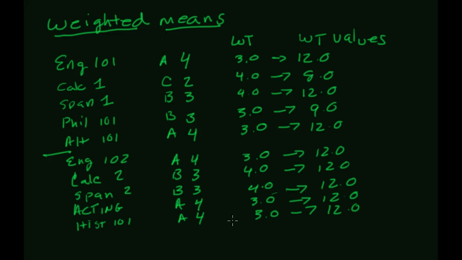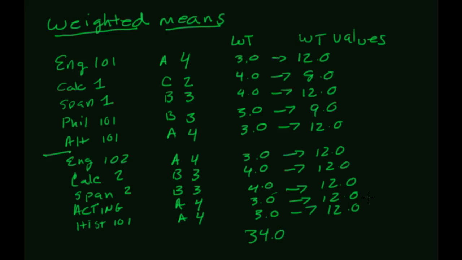Is that what we took? Let's double check that. That's 1, 7, 8, 9, 10, 11. 11 and 3 is 14, 15, 16, 17, 20, 24, 28, 31, 34. Sorry, that's 34 credits that they took.